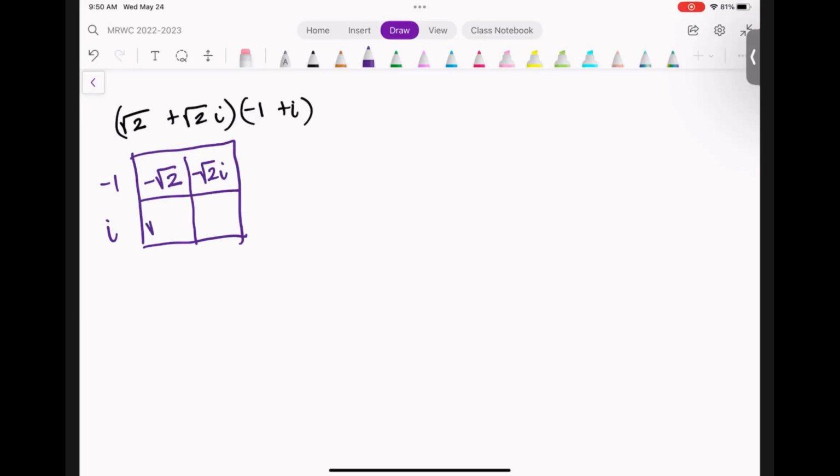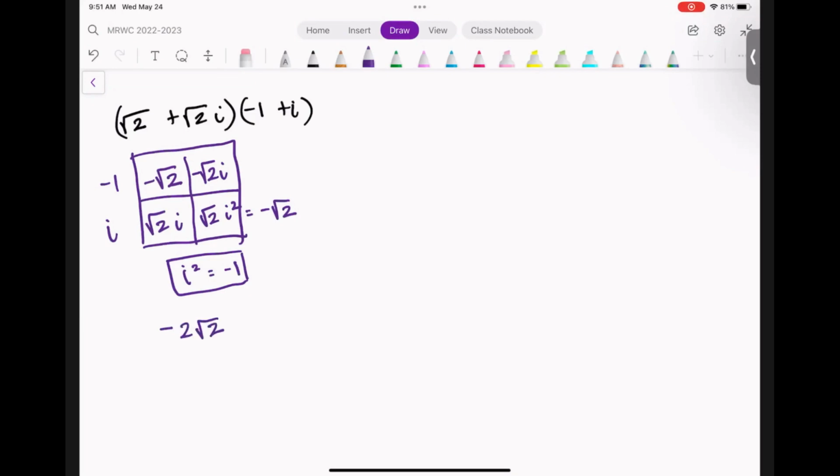I get root 2i. And I get root 2i squared, which is negative root 2. Okay. Just remember i squared equals -1. So if you don't know that, now you know. Yay. So negative root 2 plus negative root 2 is negative 2 root 2.